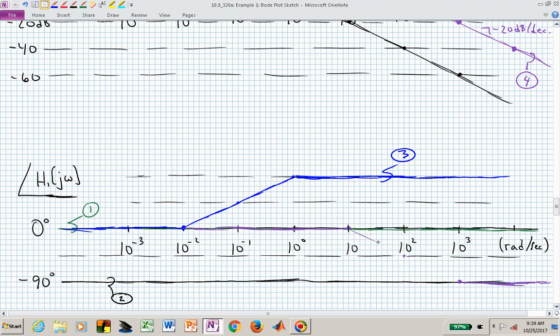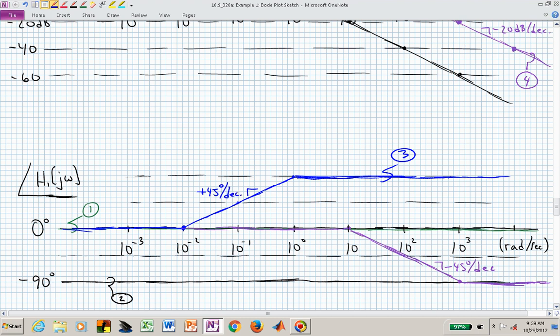So now that is going to be sloping, and this slope is minus 45 degrees per decade because we change by a total amount of minus 90 degrees after 2 decades. Likewise for the 0, that's now plus 45 degrees per decade.